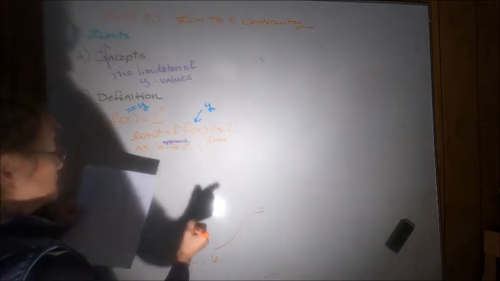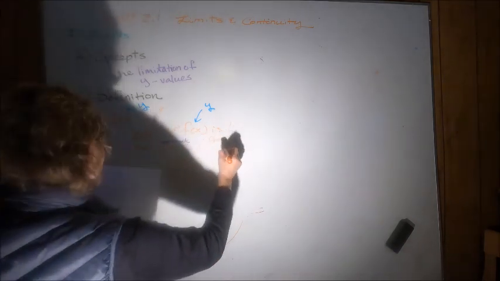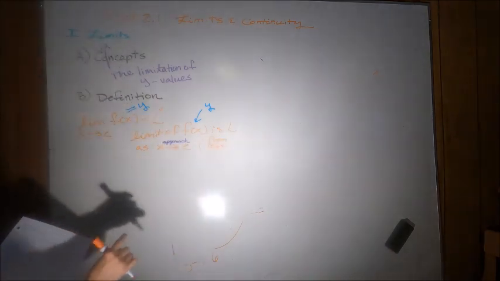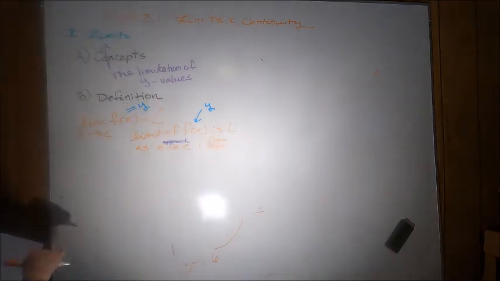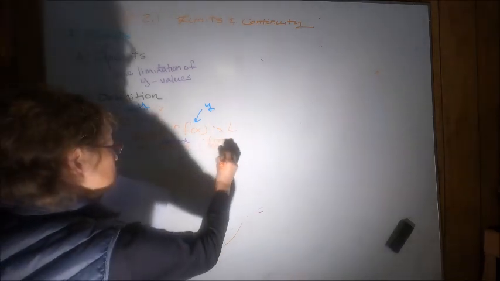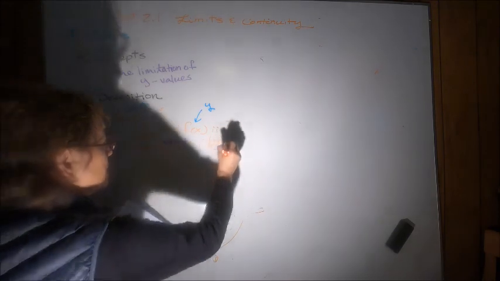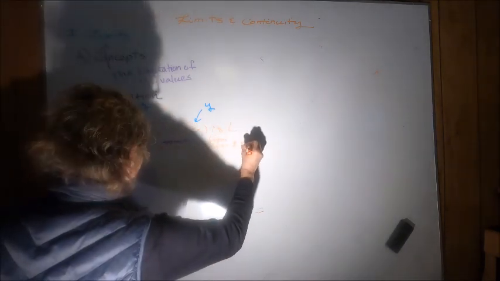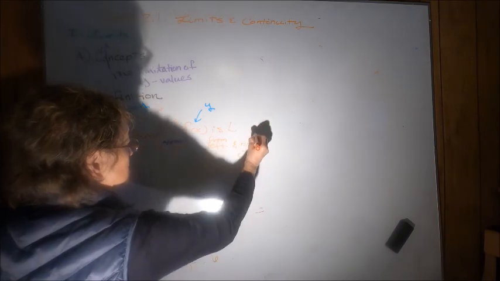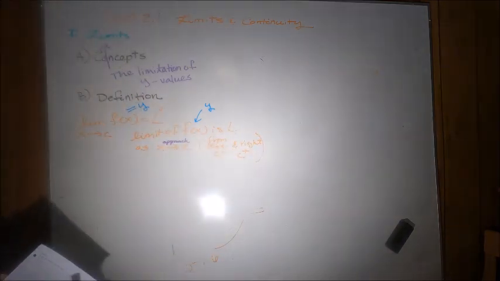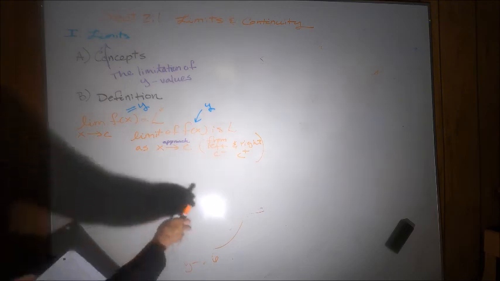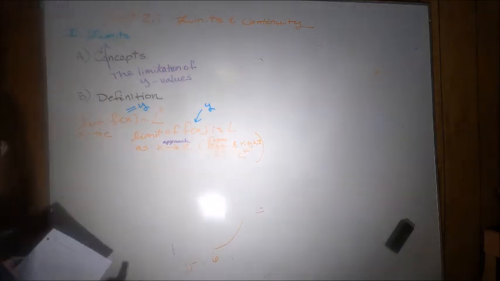From the left, as we approach c, we use c minus, meaning a little bit less than c. Approaching from the left-hand side, and from the right-hand side, we use this notation. Like the previous one approaching 3, we use 3 minus and 3 plus this way.